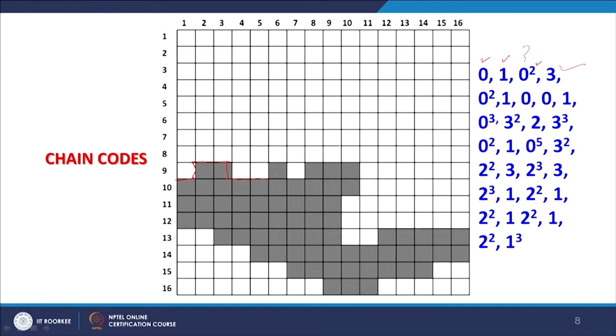And likewise, we come at the end and then we say 1 cell here and then this row number 1 here and then we are going 3 cells.